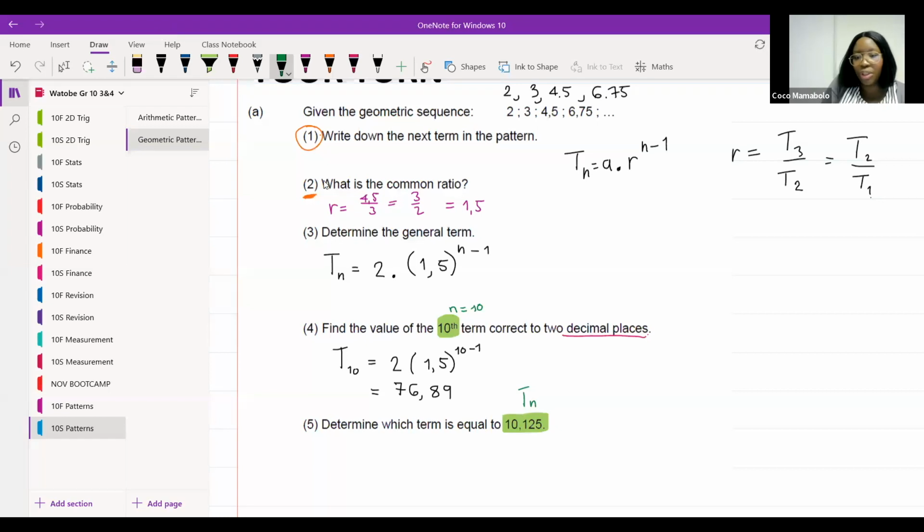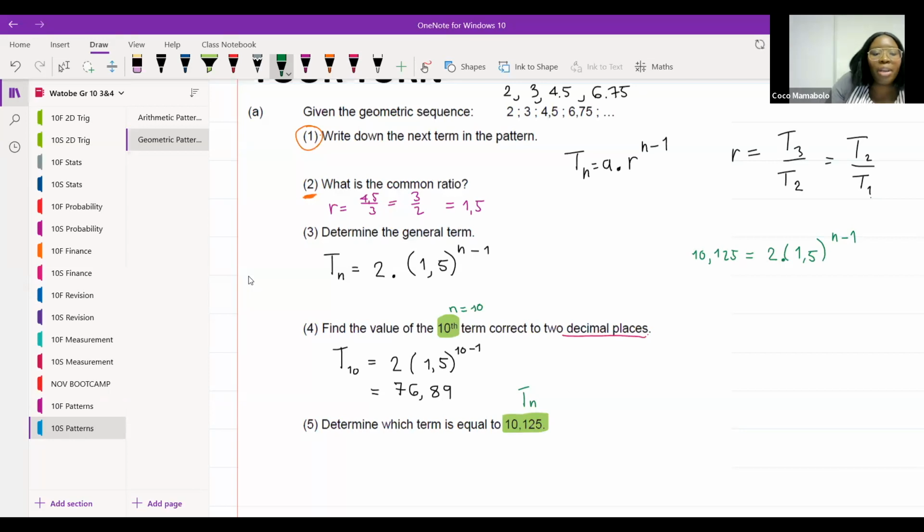So here's what we're going to get. I'm going to start up here, and there's a method to my madness. 10,125 is equal to my general term, 2 multiplied by 1,5 to the power of n minus 1.